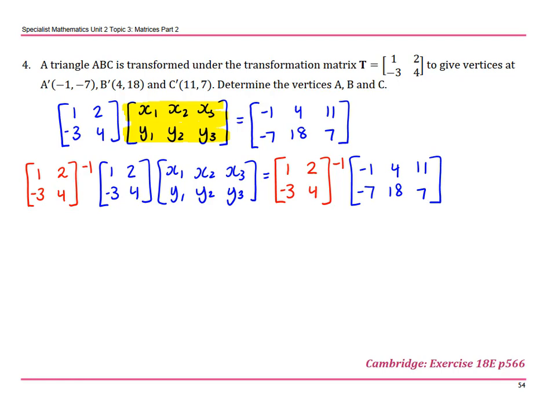So all of this is the identity matrix. So we have x1, y1, x2, y2, x3, y3 equals. Now go to your calculator to work that out.